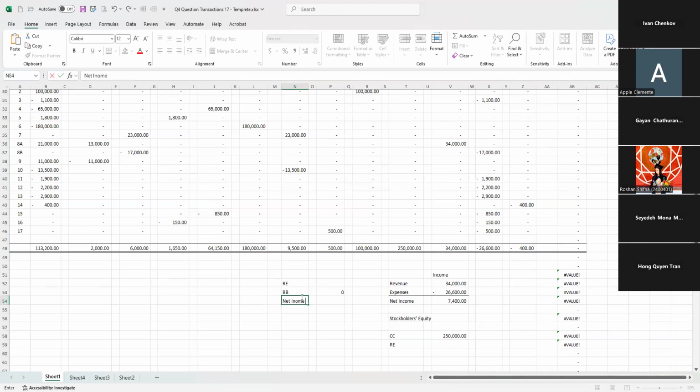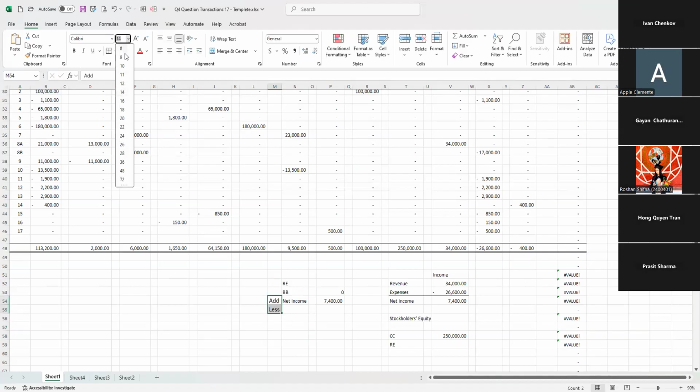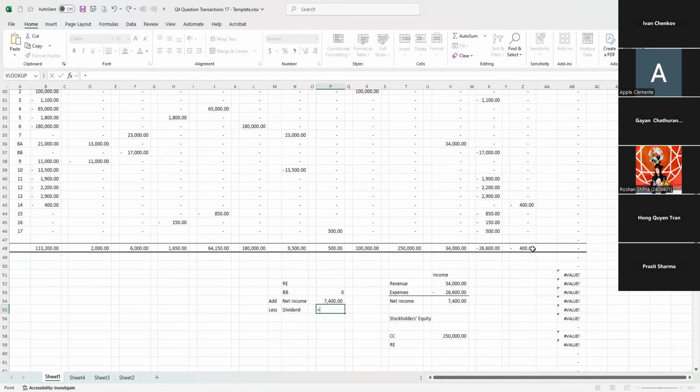Do I have my net income? Yes, sir. 7,400. I'm going to add net income, and I'm going to deduct. What am I going to deduct now? Dividend. Don't forget the dividend. How much was the dividend? 400.